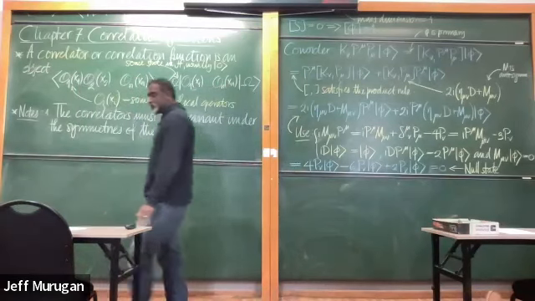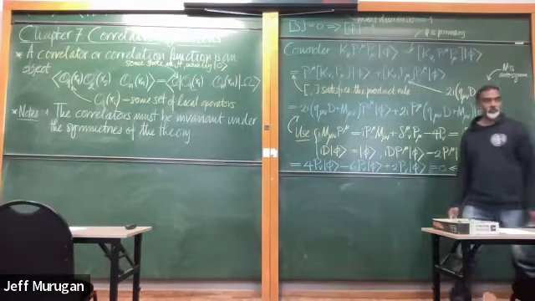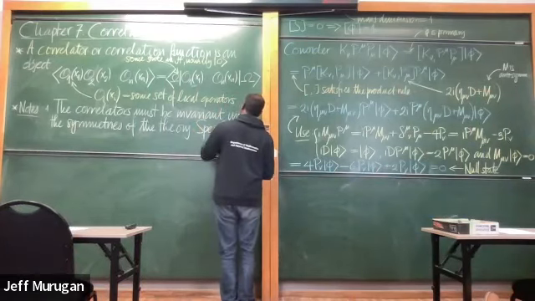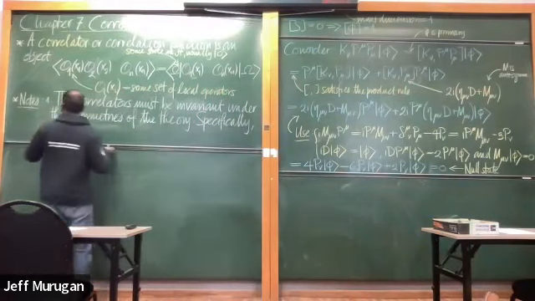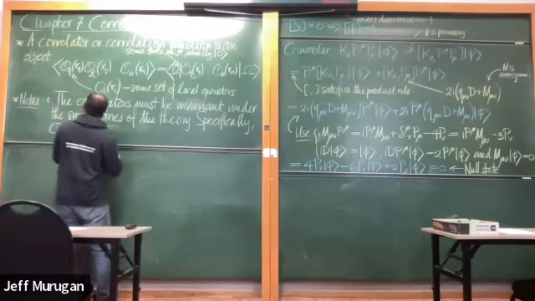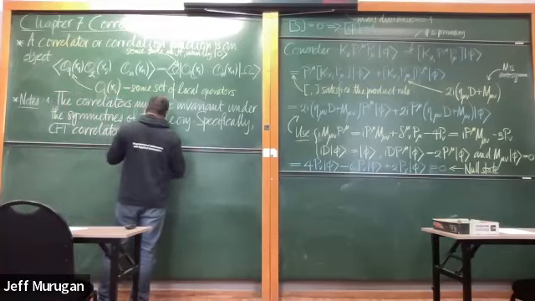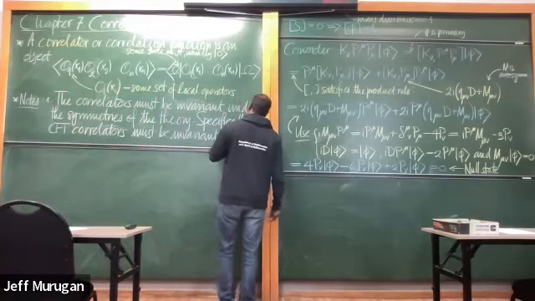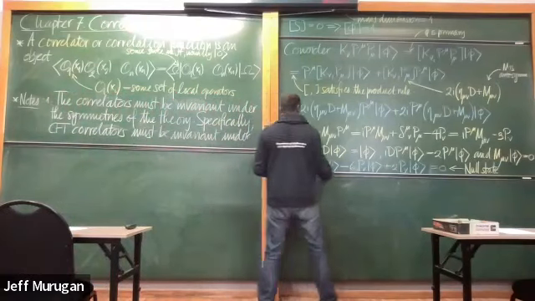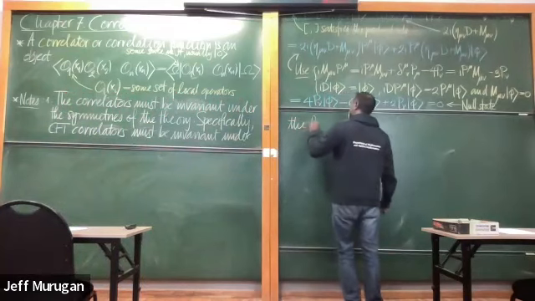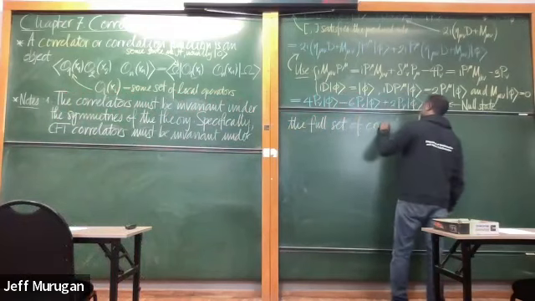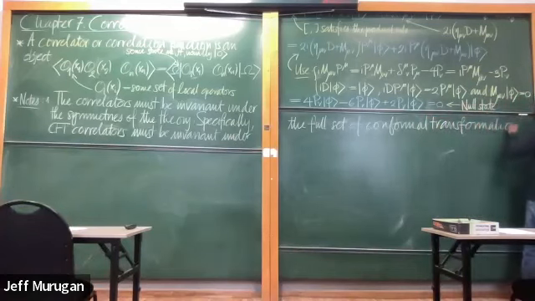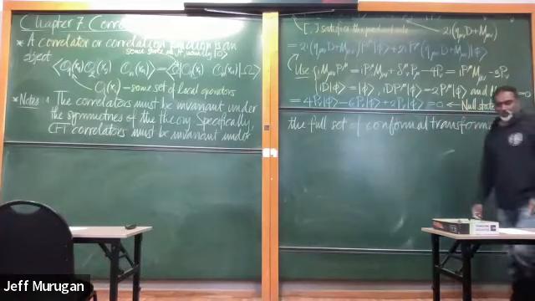In particular, what this means for us is that the correlators in the CFT must be invariant under the full set of conformal transformations. This is important.